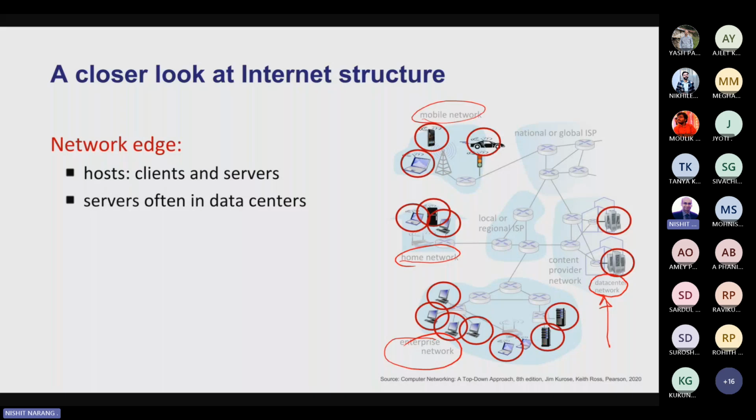Even before Google Cloud became popular, if Google had to provide its own services, it required servers. And all those servers were inside a large warehouse, which was called the data center. So the data center was always the location where all these servers resided, and they were always on the edge of the internet.